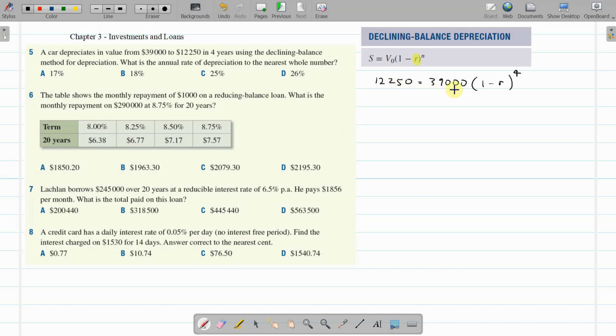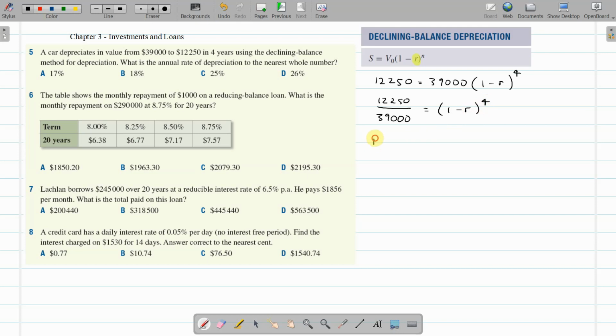So what I want to do first is divide both sides by this 39,000. So I'm going to turn this side into a fraction. And dividing by 39,000 means that's gone, and we're left with this. And then we have to simplify this to the power of 4.